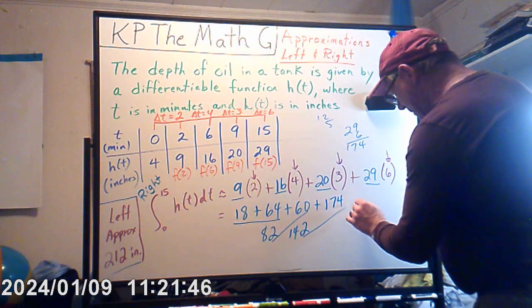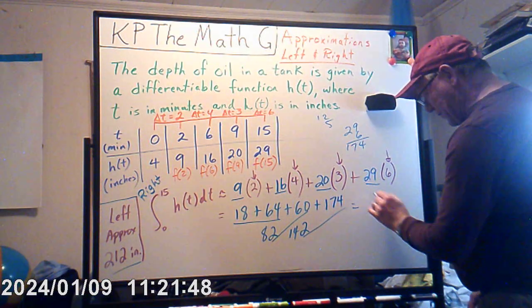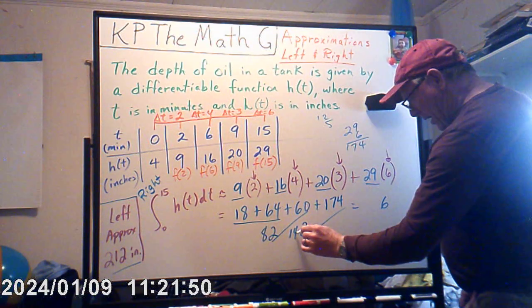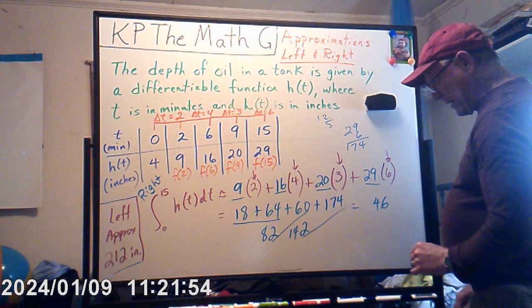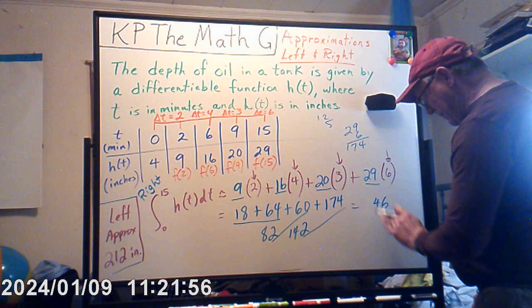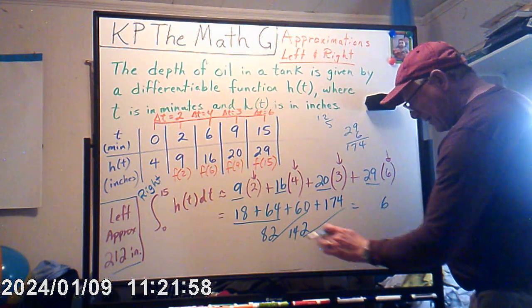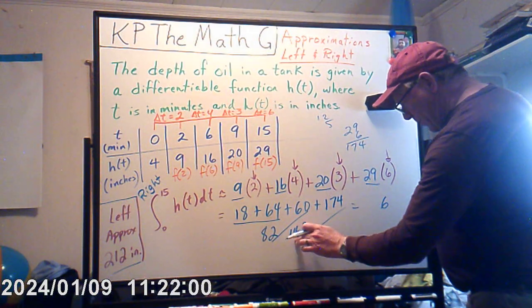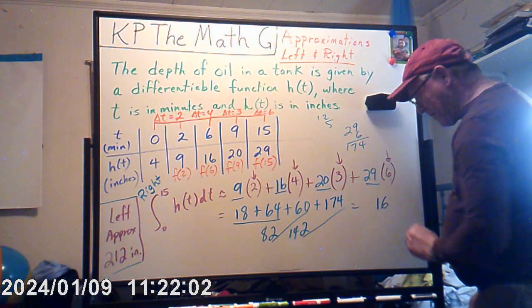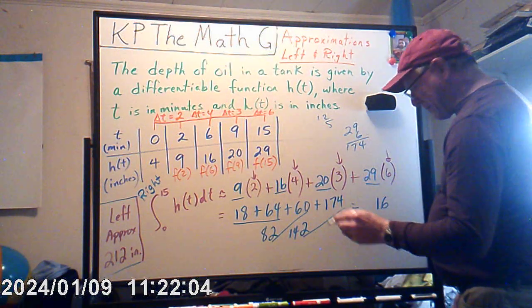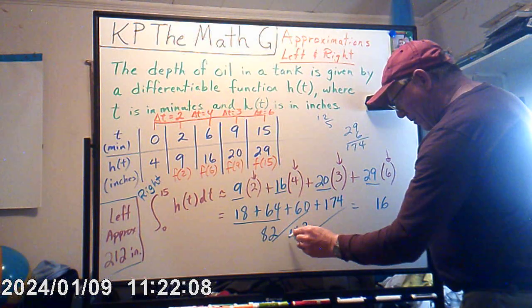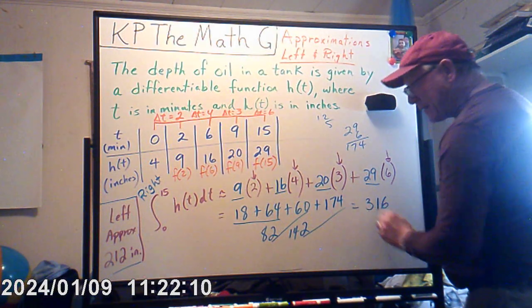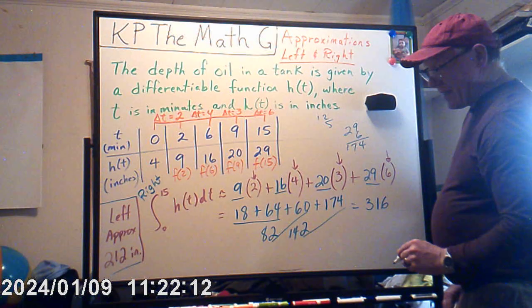Alright, and now this is going to be 2 plus 4 is 6. 4 plus 7 is 11. Carry 1, 1, 2, 3, 316. So 316 is the right.